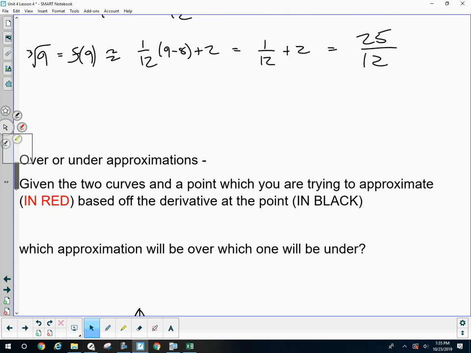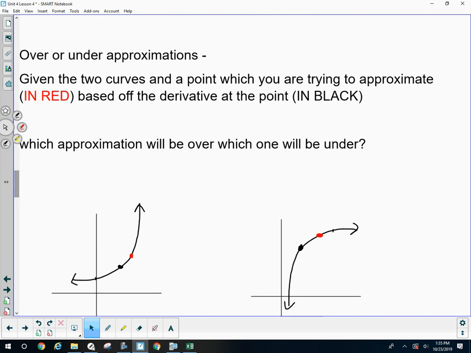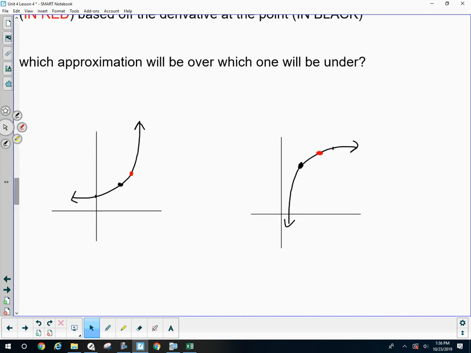So let's talk about over and under approximations. I'm going to draw the situation, tell you whether or not we have an over approximation, and you will tell me the difference between the functions. Okay, so I have a point in black that I'm going to draw a tangent line to, to approximate my point in red.